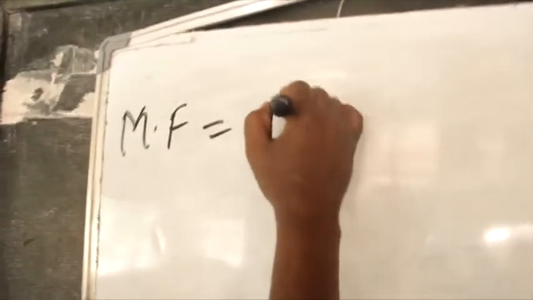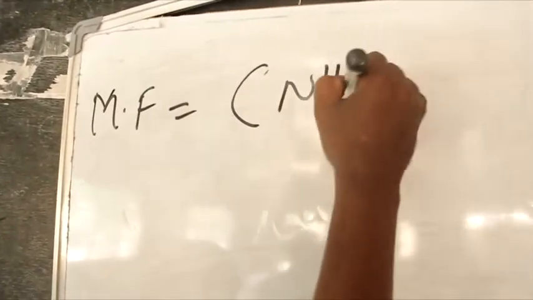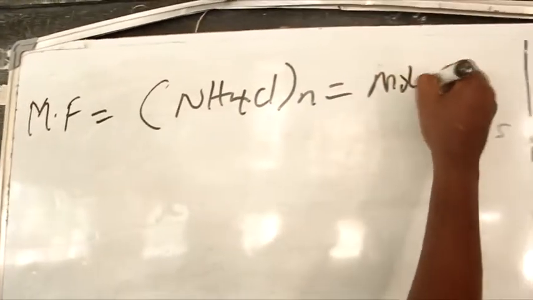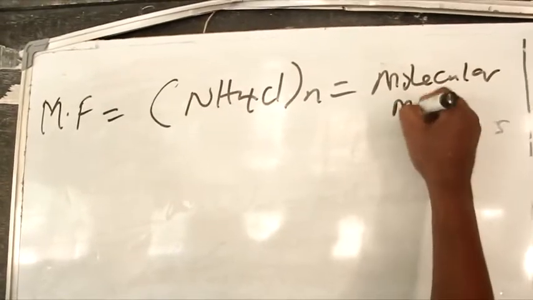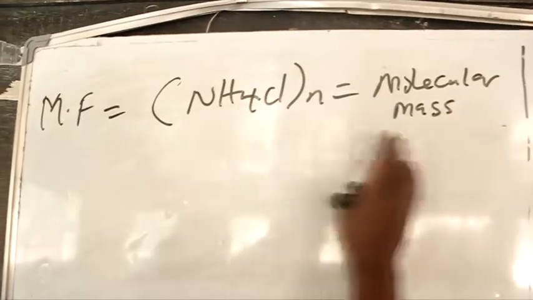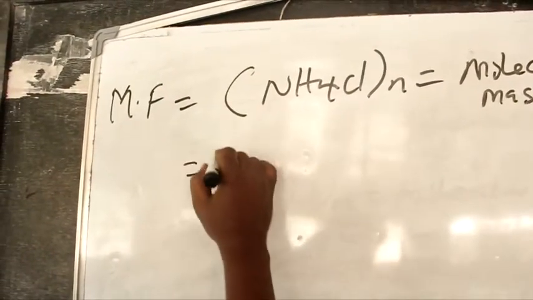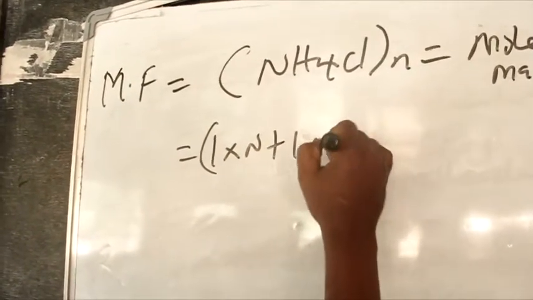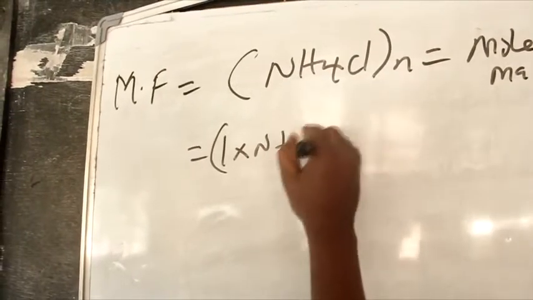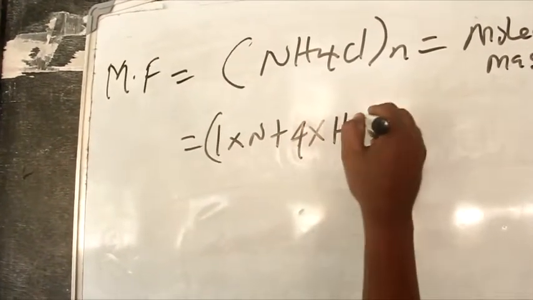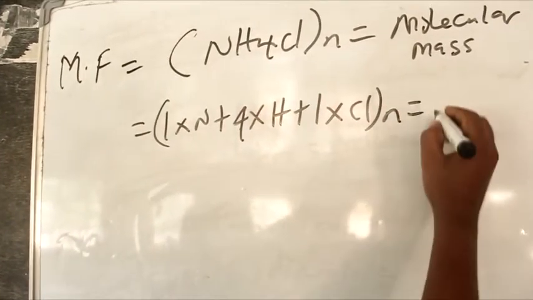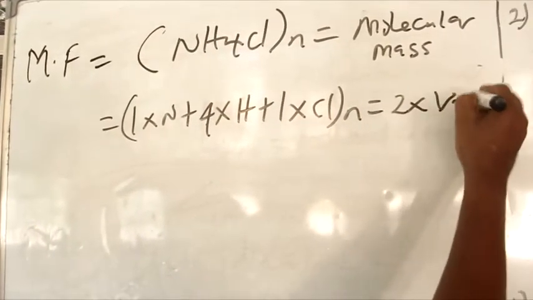Molecular formula will be equals to the empirical formula, which is NH4Cl. N is equals to molecular mass. And here we have 1 times N plus 4 times H plus 1 times Cl. N is equals to 2 times Vd. Alright?